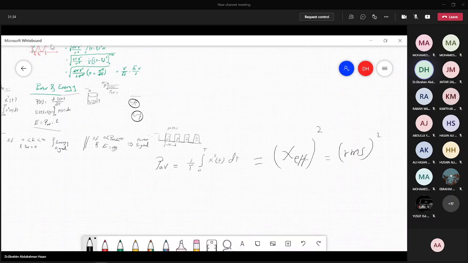If you square both sides, you will get this quantity, so it is equal to x squared. So x effective equals the root of this one. If you have x effective, then you can find P average. If you have P average, then you can find x effective by this relation.